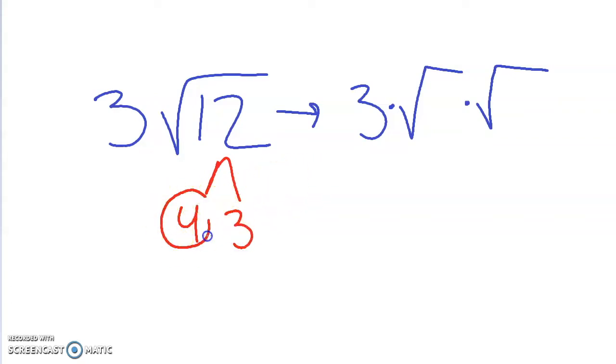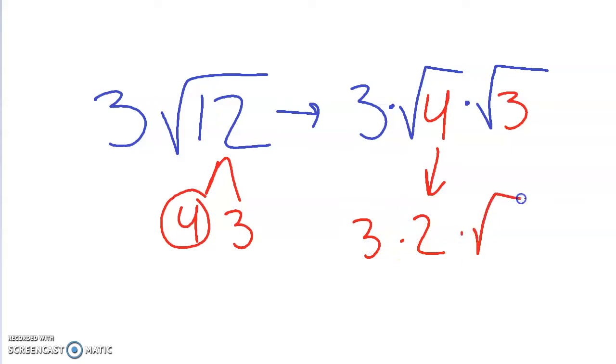And 4 is a perfect square, and that means this is not simplified. I can say that 3 times the square root of 12 is the same thing as 3 times the square root of 4 times the square root of 3. And because the square root of 4 can be simplified, we must simplify it. The square root of 4 is 2.